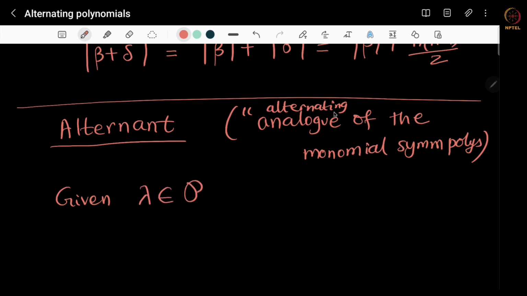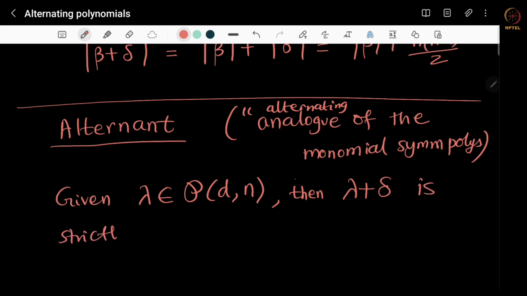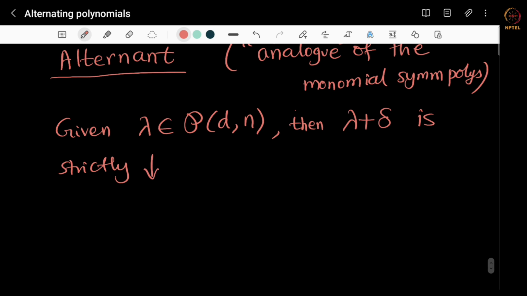So given lambda in PDN, that's just a partition of D with at most n parts.